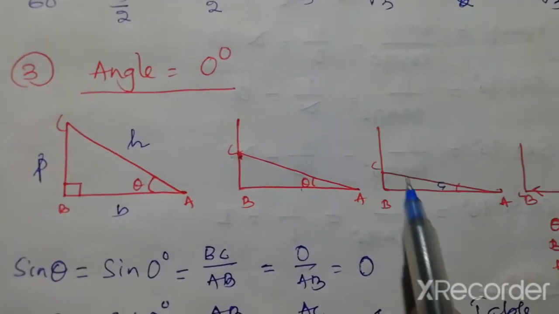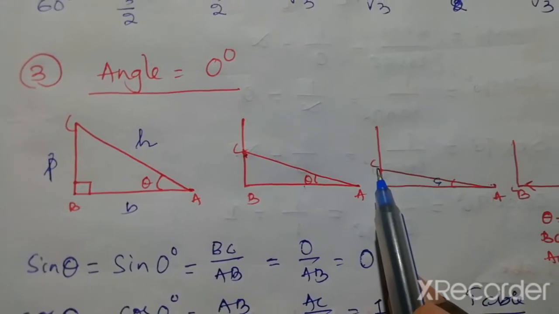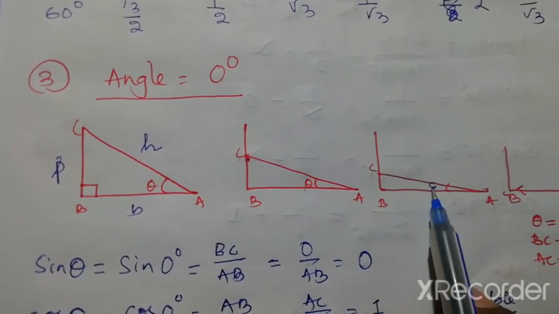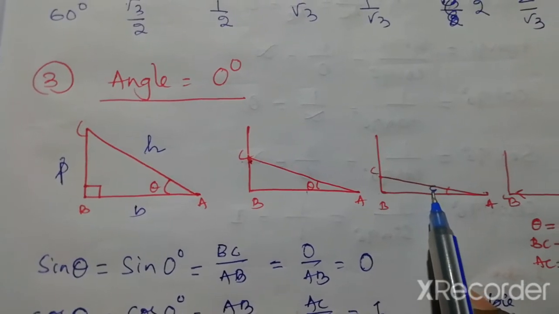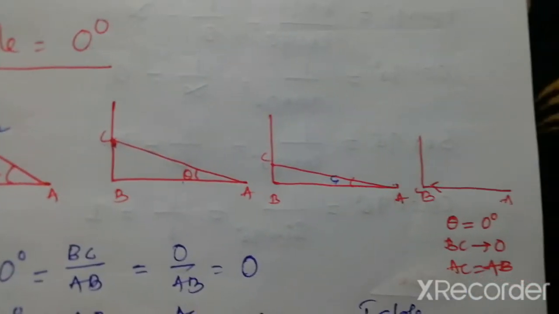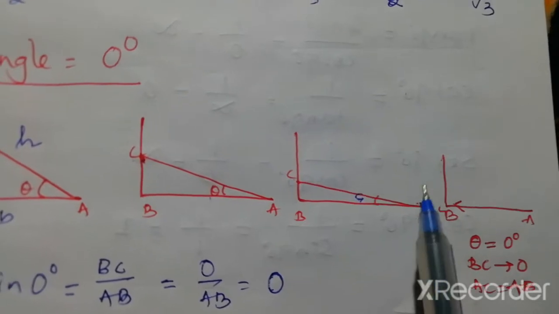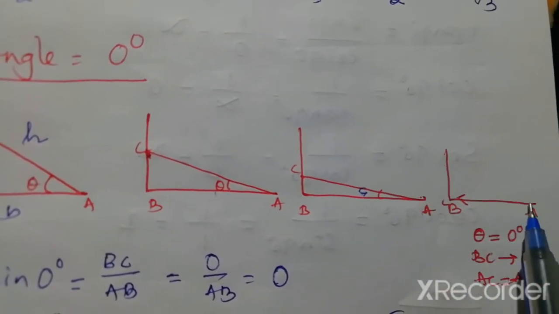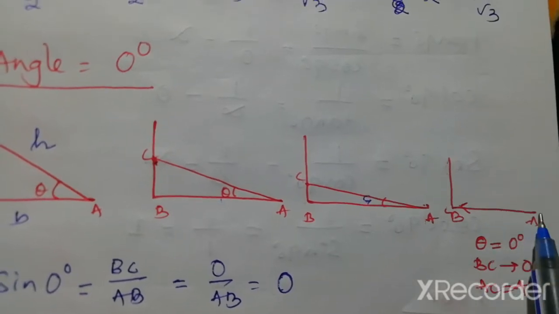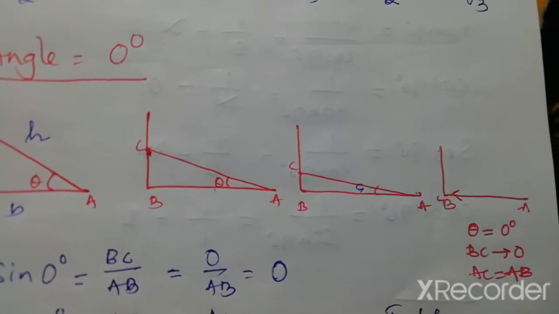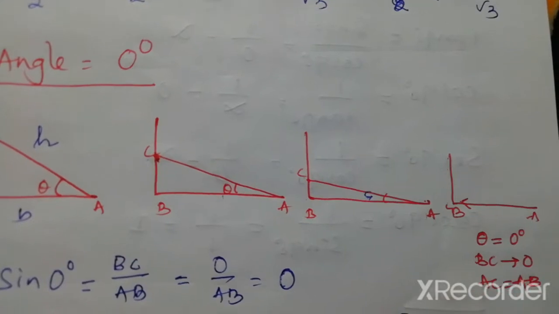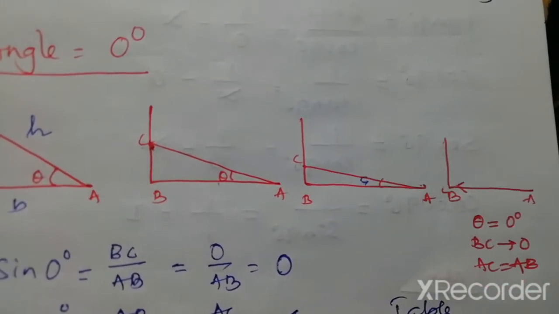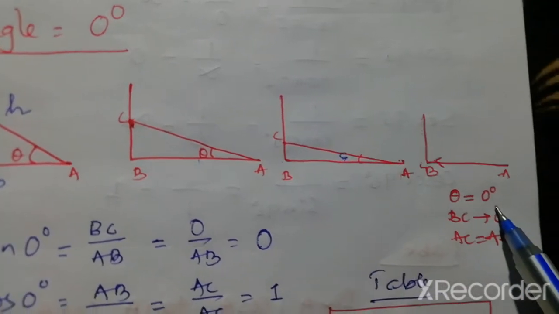This C is very much closer to B, then this theta is much less. When C coincides with B, then this side SC is above the AB. So here theta becomes 0.